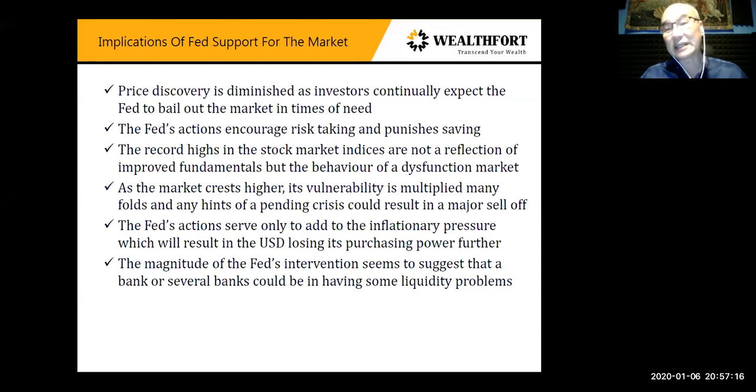So if they are connected, one bank's fail, it will reverberate across other banks. So that is what I think has the Federal Reserve panic, keep on pumping liquidity into the market, because somewhere, someplace, a bank is in trouble.